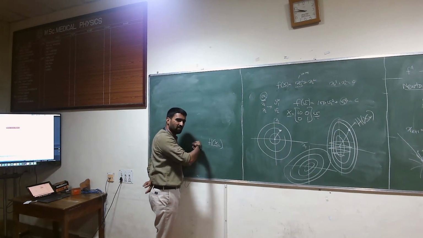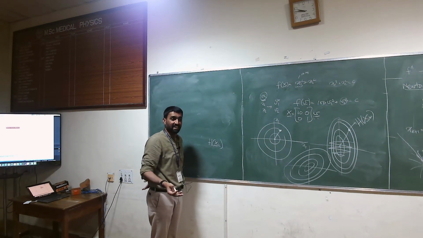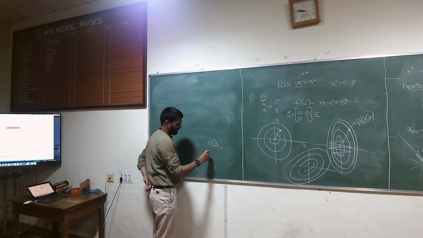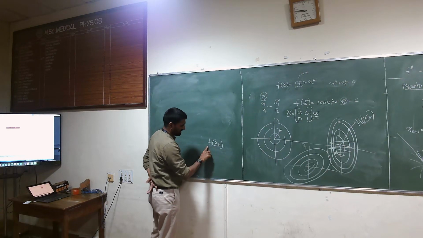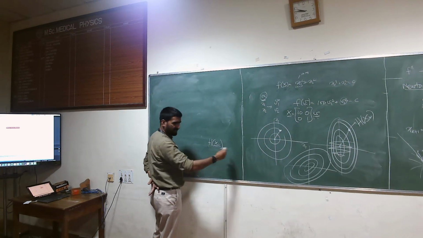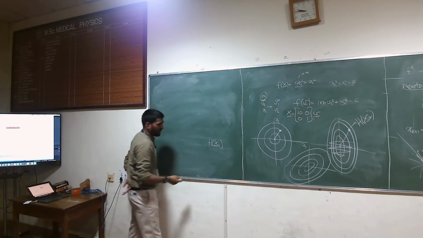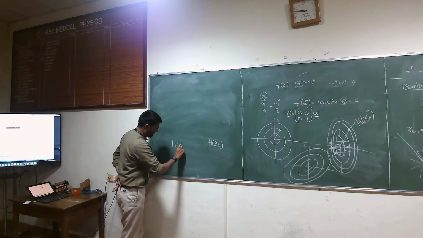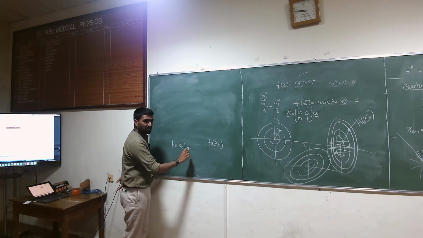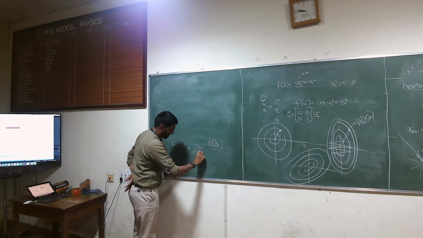That means some eigenvalues might be positive, some might be negative. That means neither H of xk nor minus H of xk are positive definite. You're saying let's add lambda I.